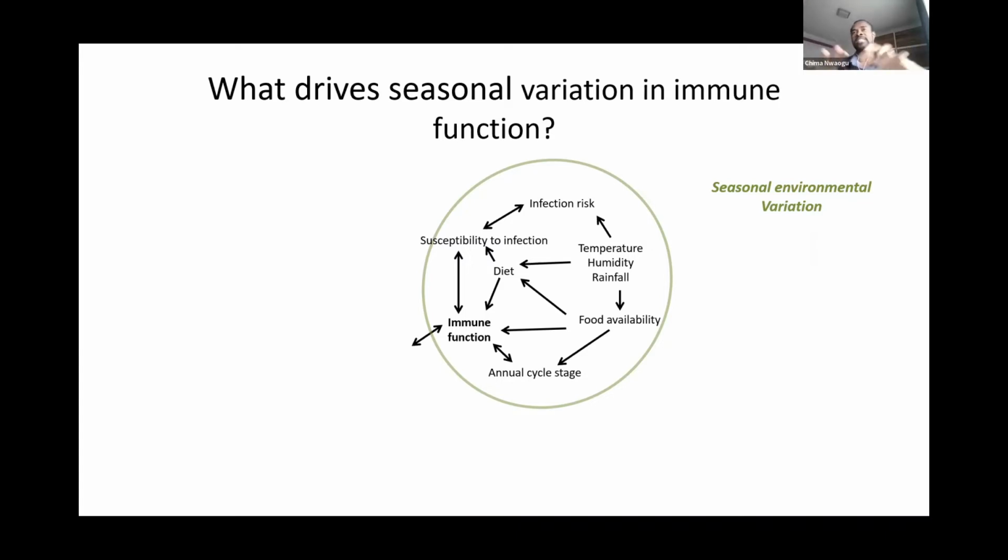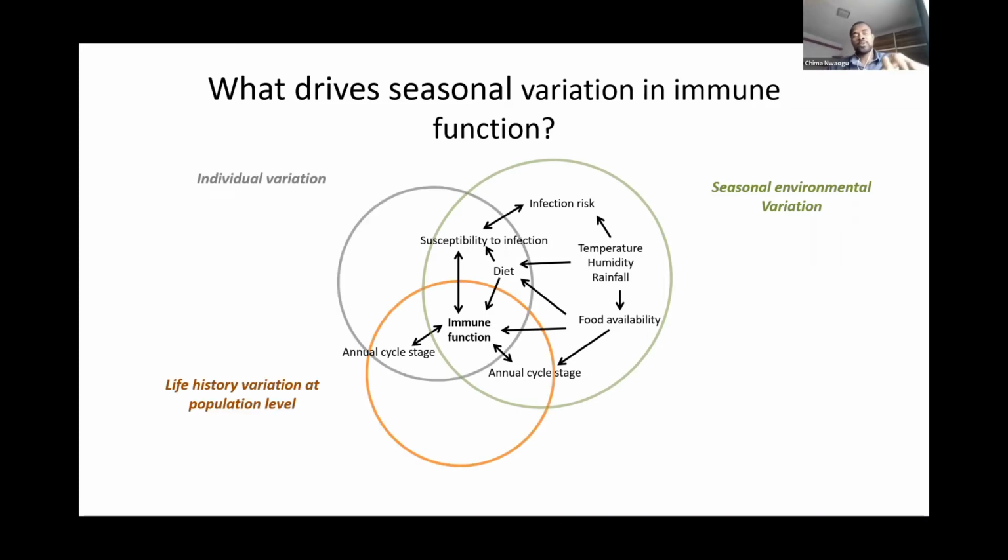It's not just one thing that constitutes a difficult time: infection risk, changes in temperature, changes in food availability, and so on. All this forms a package that you see as environmental change. But also, there's variation at the population level and changes that take place at the individual level. And immune function sits at the center of all this.